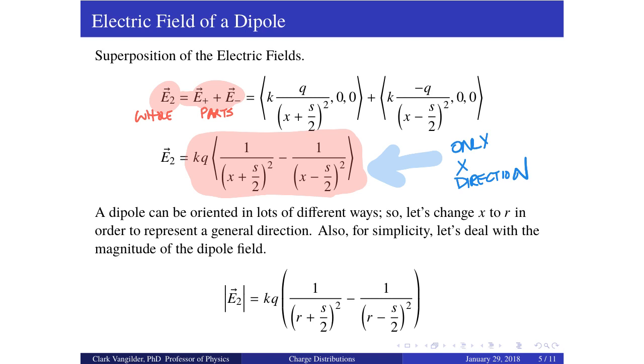All right. It is true a dipole can be oriented in lots of ways. Obviously, it's not like polar molecules have to stay on the x-axis only. Like, everybody knows better than that. So I have to generalize. So instead of x, I'm going to go with r.